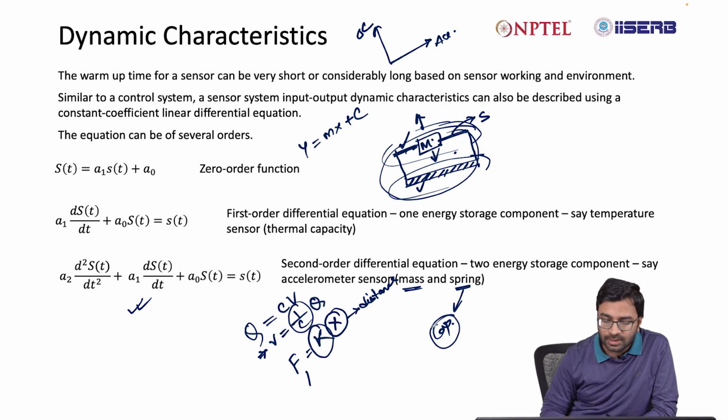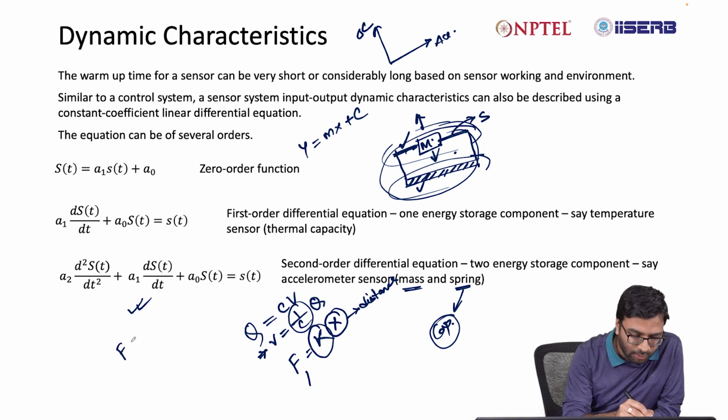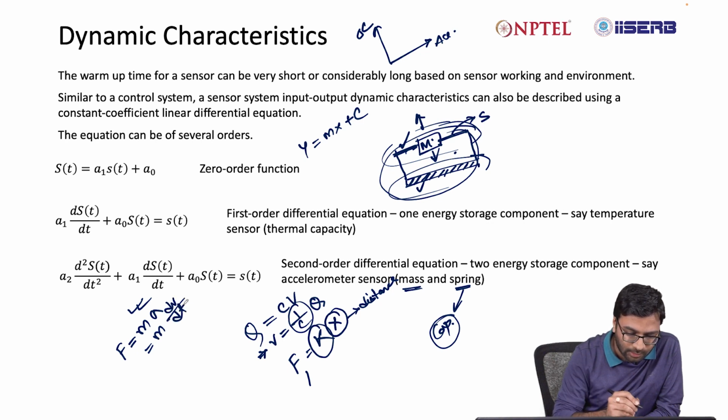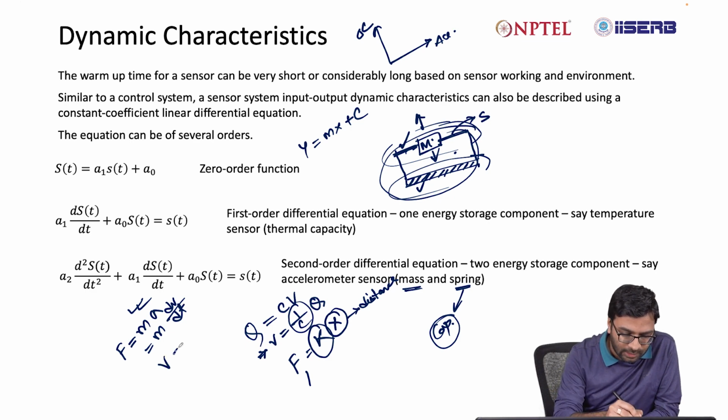Similarly, in case of mass, we know that F is equal to M into A, that is M into dV by dt, and we also know V is equal to L di by dt, right?